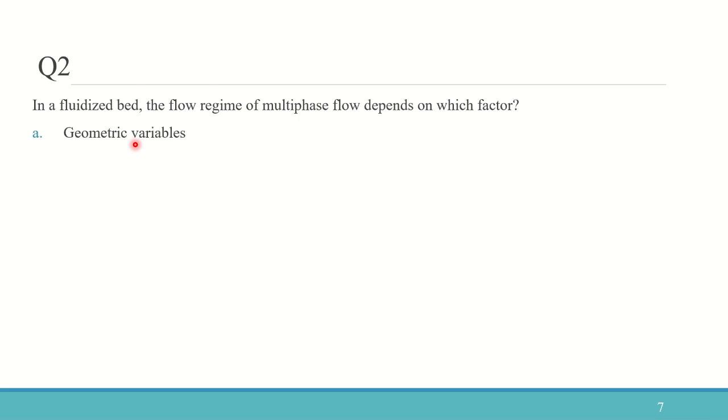The first option is geometric variables, the second is thermodynamic variables, the third is physical properties of the phases, and the last is all of these. Pick out one answer and we'll discuss why. If anyone wants to answer, please unmute yourself.